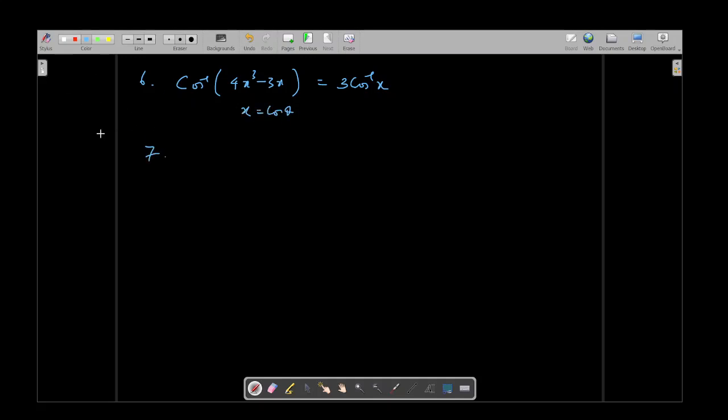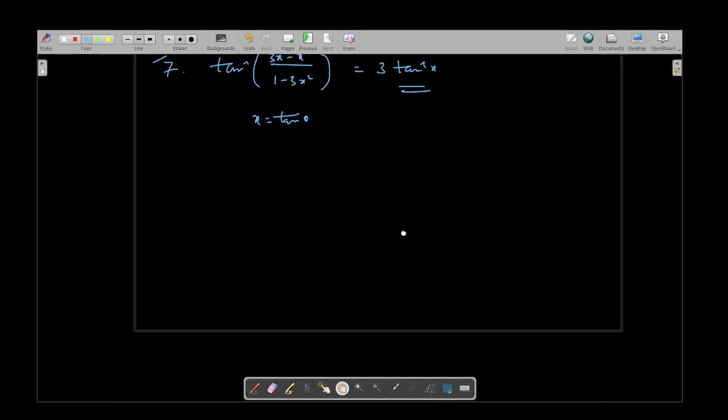Next we have tan inverse of 3x minus x cube divided by 1 minus 3x square. If you put x is equal to tan theta here, this formula gets reduced to 3 tan inverse of x. So I encourage you to prove these two.